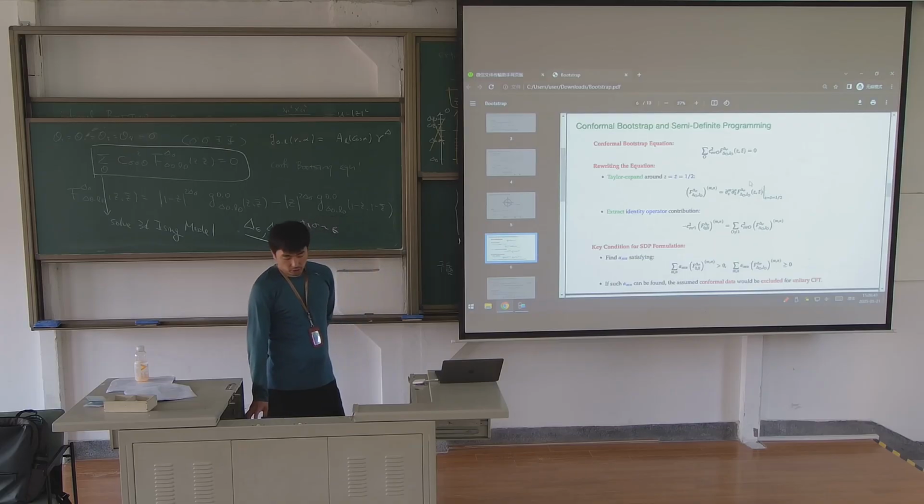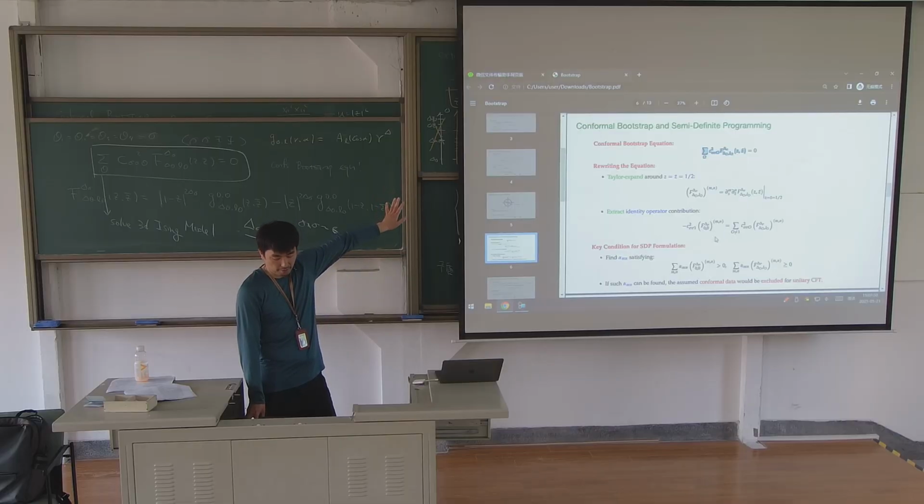So you can consider this kind of quantity, just applying this number of derivatives to the conformal bootstrap equation. And then extract the identity operator, as I did in the first half of the lecture. And the conformal bootstrap equation becomes like this.